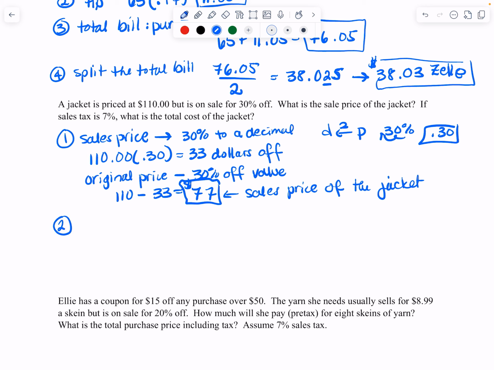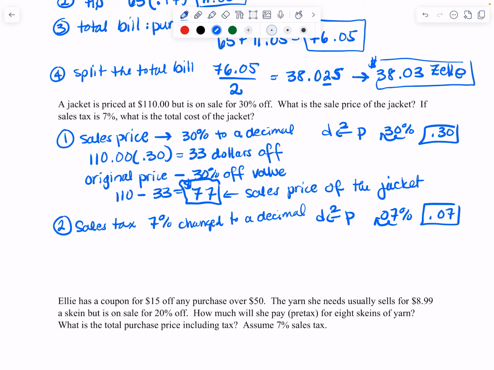Part 2, we have to find the sales tax. The sales tax is 7%, so that has to be changed to a decimal. So again, percent going to decimal, 2 places to the left. So 0.07 is what I'm going to use.